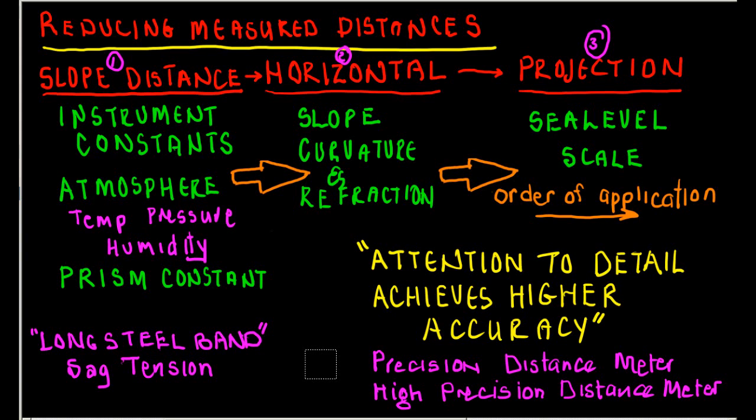We live on a curved earth. However, we try to represent our plans and maps and things on a projection onto a flat piece of paper, and this enables us, with various projections, to get a variety of different answers.